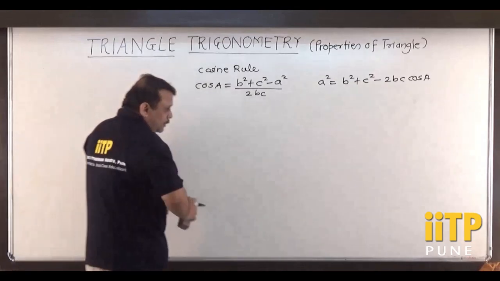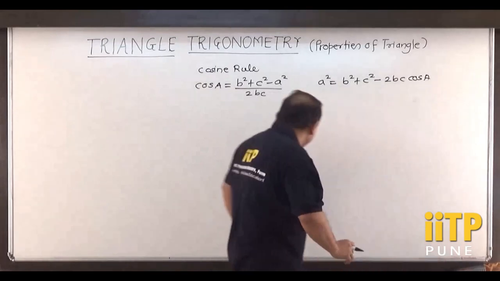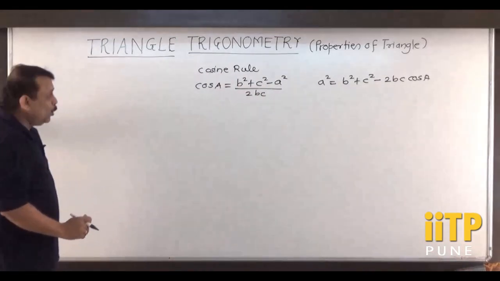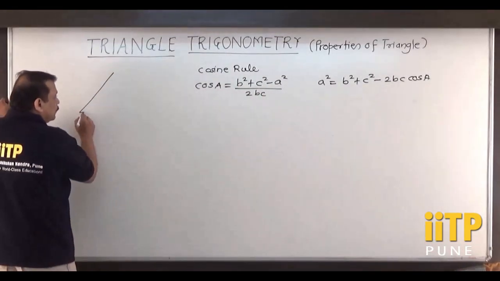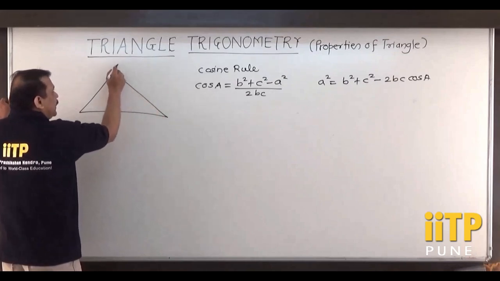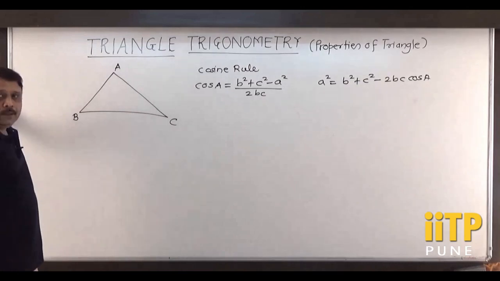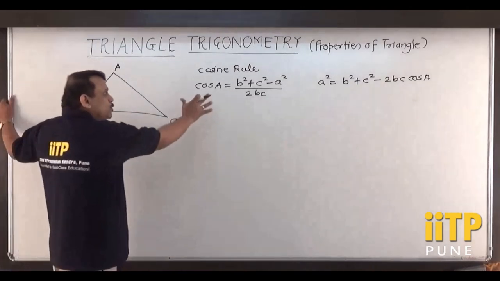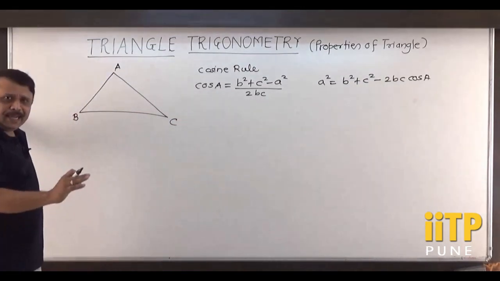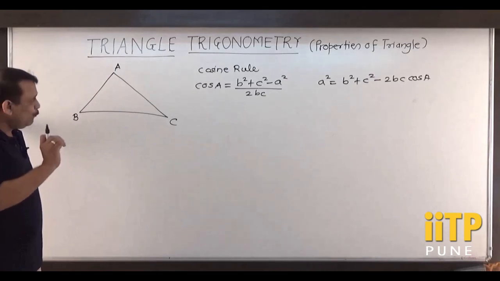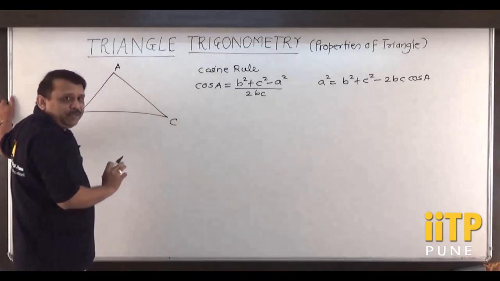Now let us draw the diagram again for the proof of cosine rule. Suppose this is the triangle ABC. I said there are various proofs, but I would like to give you a simple proof of it.